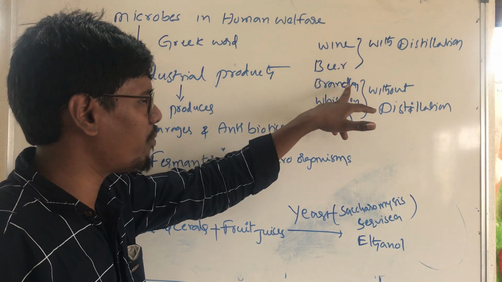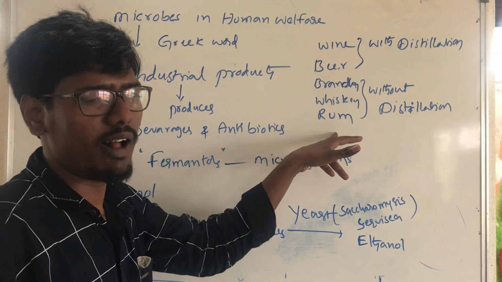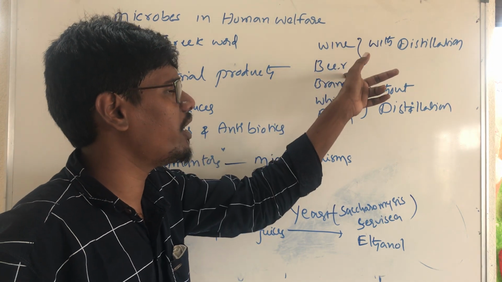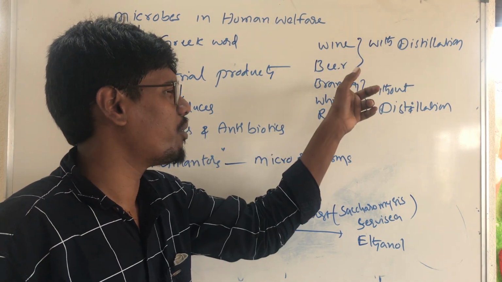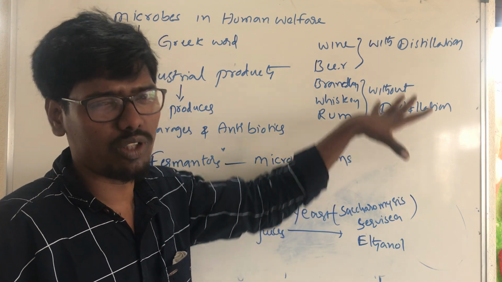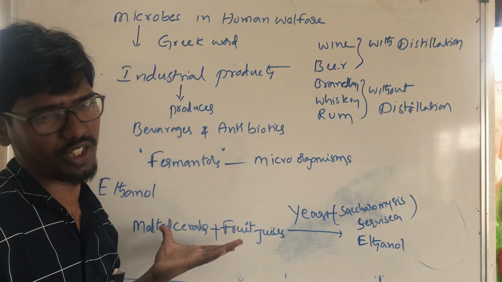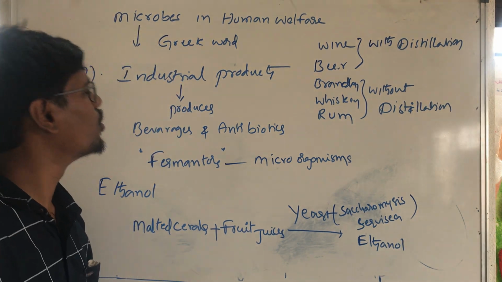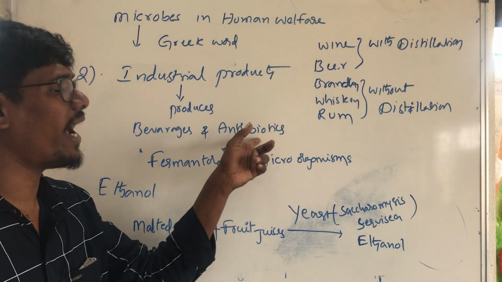And wine, beer, brandy, whiskey and rum are also beverage productions: wine and beer without distillation, brandy, whiskey and rum with distillation. And next, coming to antibiotics.